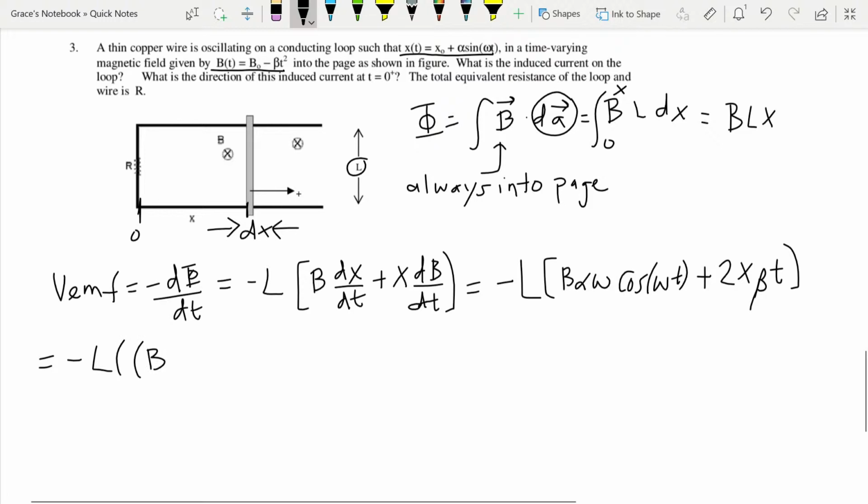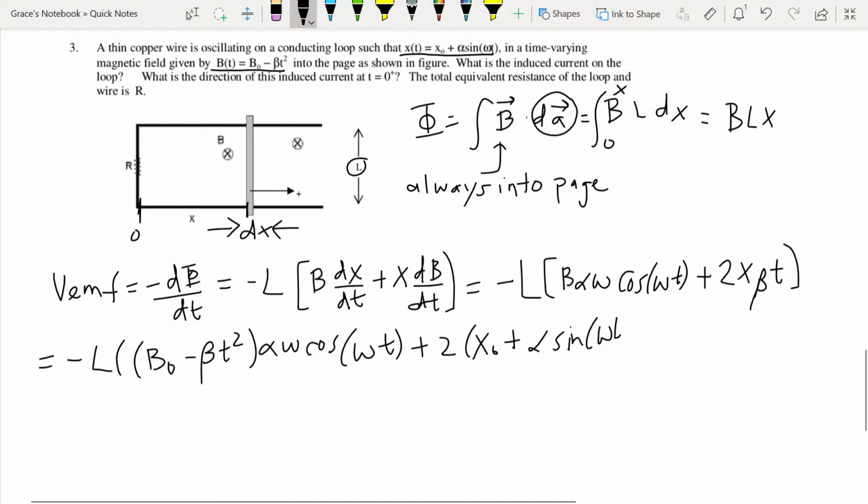B naught minus beta t squared is just B in the previous line, and then times the derivative of dx over dt, which is alpha omega cosine omega t, and then again this should be minus 2 times x of t, which is x naught plus alpha sine omega t, times beta t, and then -2 beta t was our dB over dt.